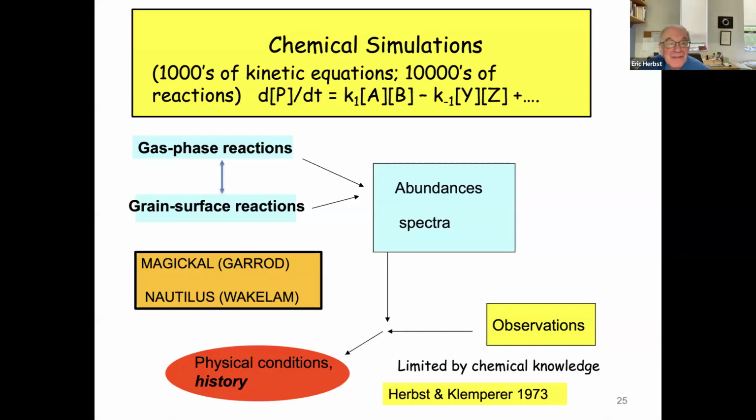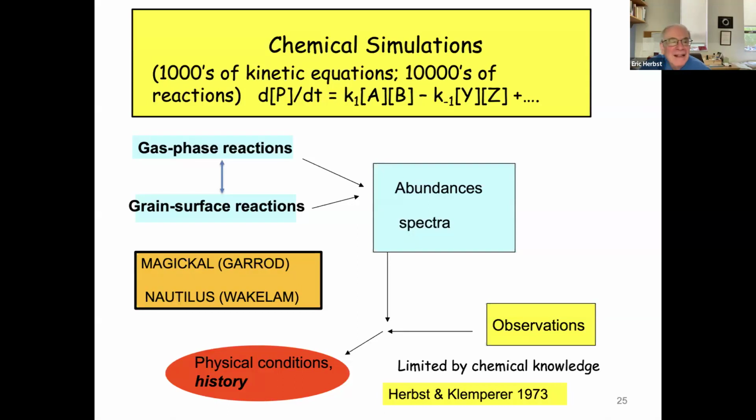Reactions form gas, and they form surfaces, and they destroy gas. And anyway, as a function of all the rates put into these simulations, one indeed can get spectra and abundances and compare these with measurements.